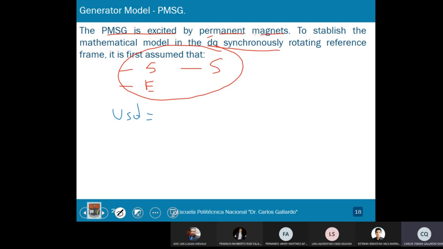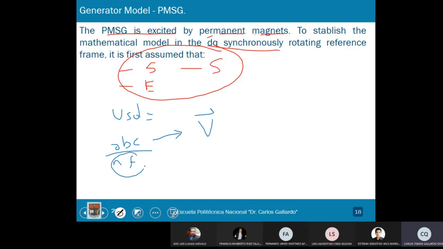I will start from the natural frame. I will develop the equations. I will have here the state vector representation.